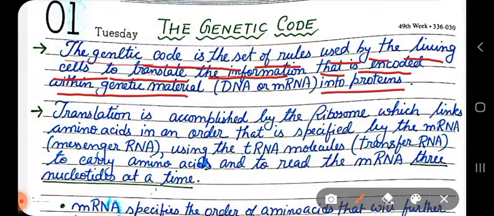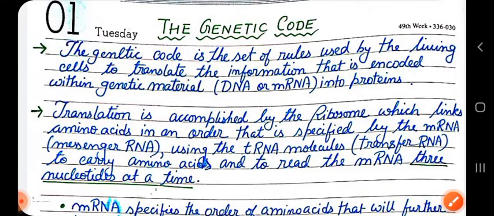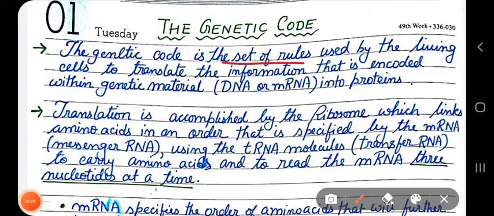The information stored in the DNA or in the mRNA is encoded into proteins. So these genetic codes are a set of rules used by the cells to translate the information from the DNA or mRNA into proteins.